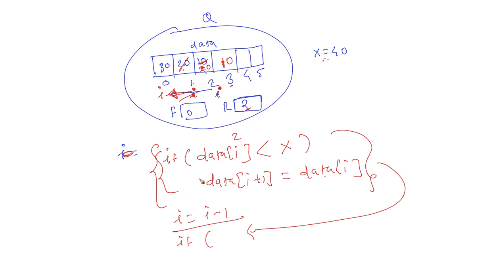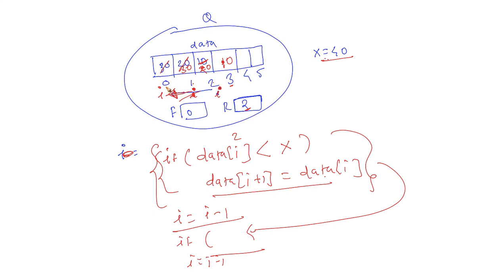After this if, I will say i equal to i minus 1, and I'll write the same if here, comparing data of i, that is data of 0, with 40. Again 30 is less than 40, so data of i plus 1 is equal to data of i, that is data of 1 is equal to data of 0, so 30 will be shifted here.